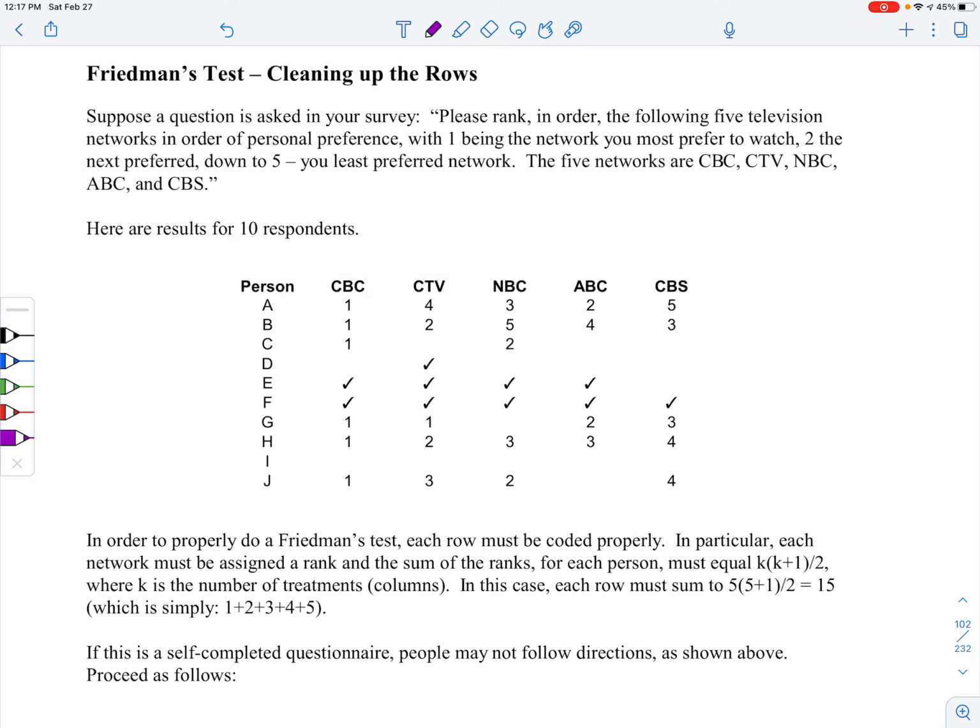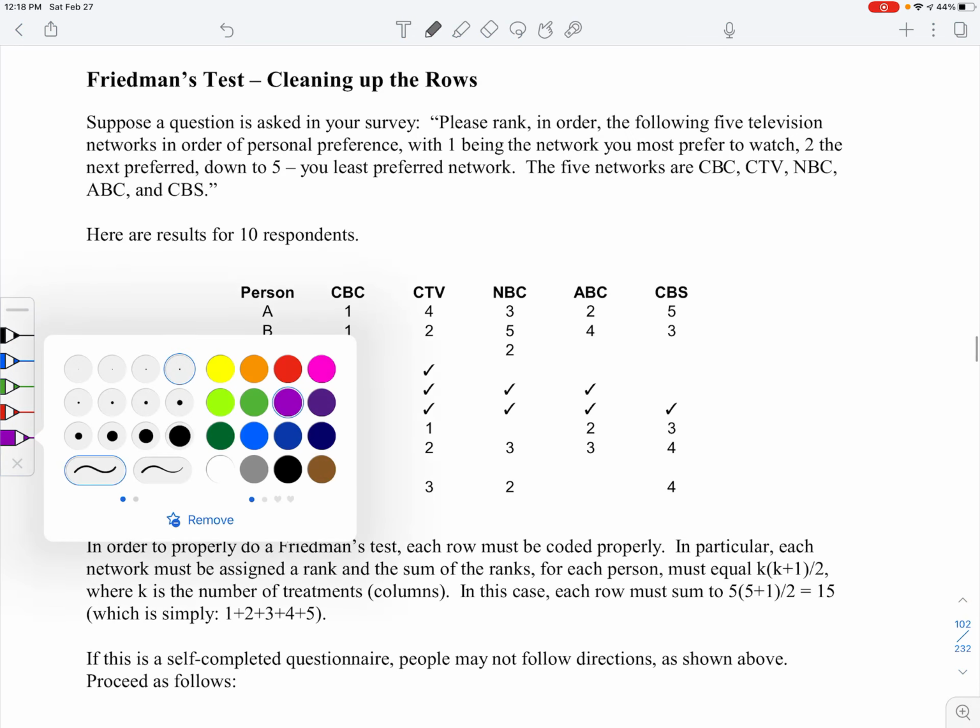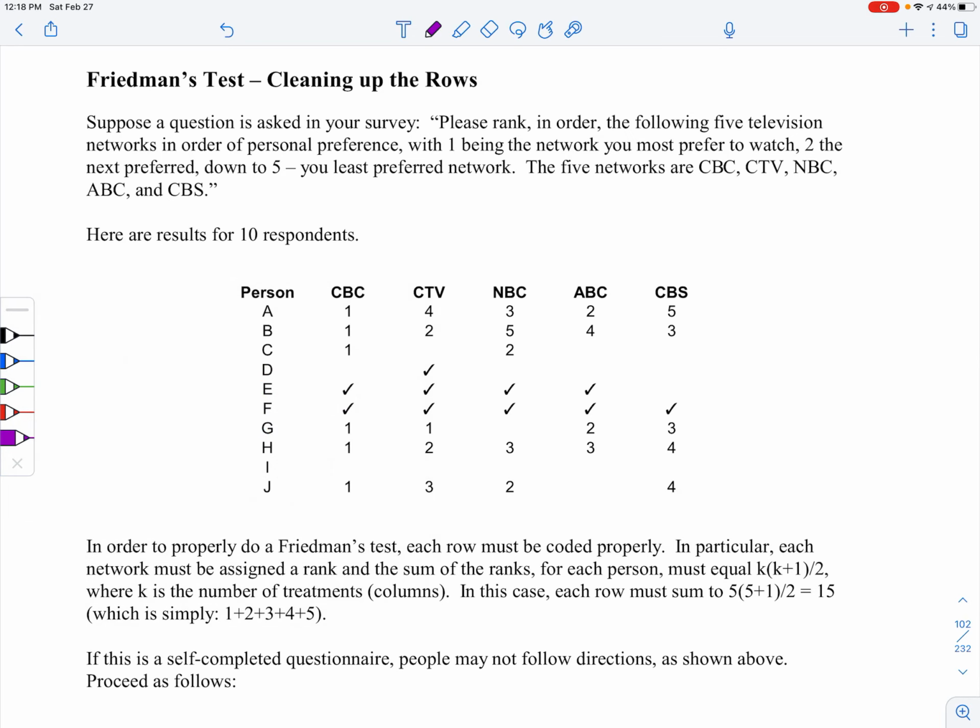We're not going to actually work through this particular problem. You can do that if you want to, but I want to focus on how you clean up the rows here. Suppose the question is asked in our survey here: Rank in order the following 5 television networks in order of personal preference, with 1 being the network you most prefer to watch, 2 the next preferred, down to 5 the least preferred network.